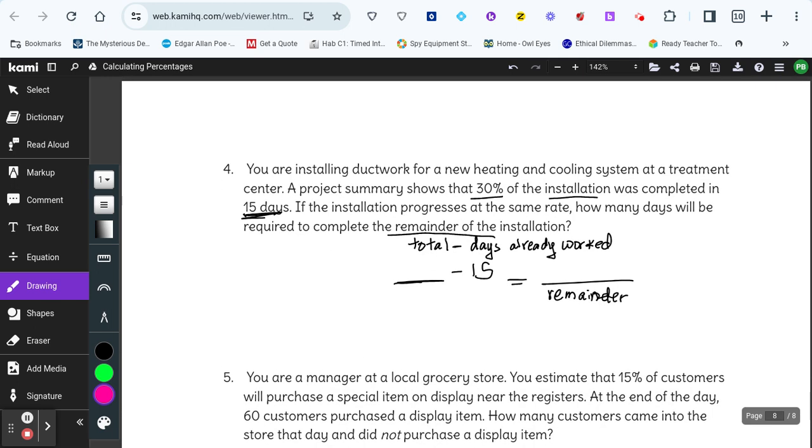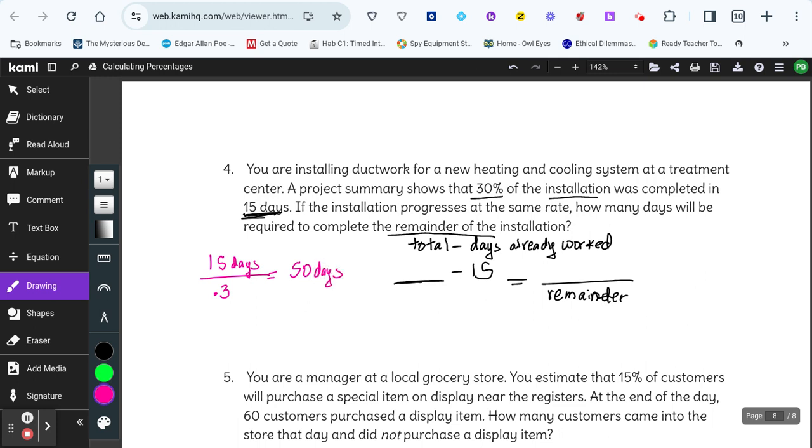All right, so let's find the total first. I'm going to work backwards. Well, how many days have been completed already? 15 days. And those 15 represent 30% of the job. So you just take 15 and divide it by 0.30. And that's going to be 50 days.